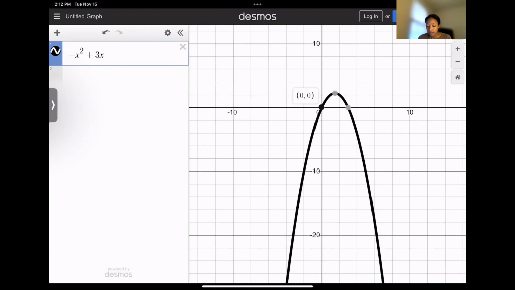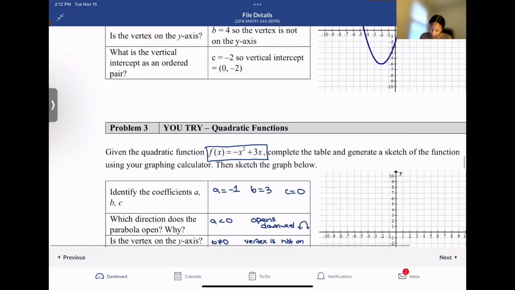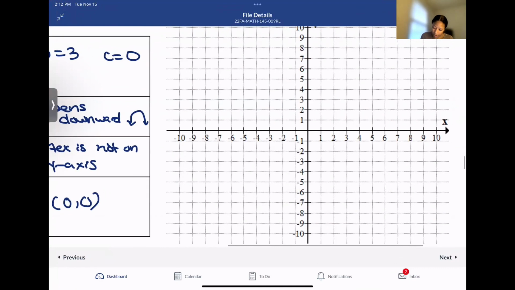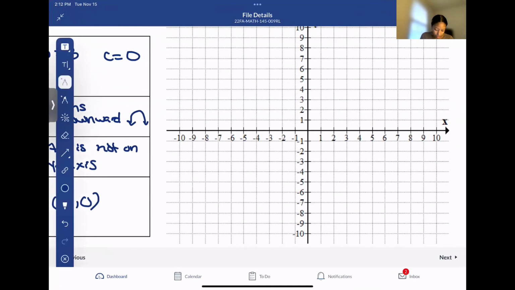Okay. On Desmos, we can kind of click on these dots and easily find the x-intercepts and the y-intercepts, the axis, and the vertex, but we're going to talk about how to find these things algebraically in just a second. If we look at our graph, we had 0, 0, and then 3, 0 were the x-intercepts.